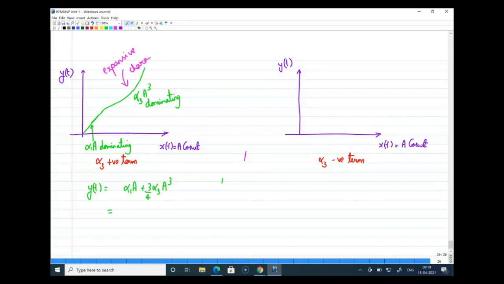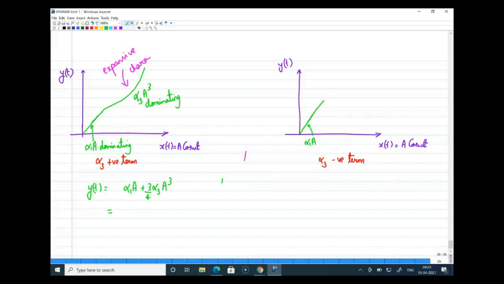All right. At the same time, if you look at the alpha 3 negative term, initially when your input amplitude is small, there also I can expect an alpha 1 a term which is dominating. This is alpha 1 a here. But as your input amplitude increases, the dominating term is your alpha 3 a cube.